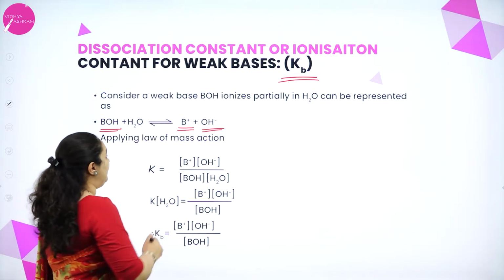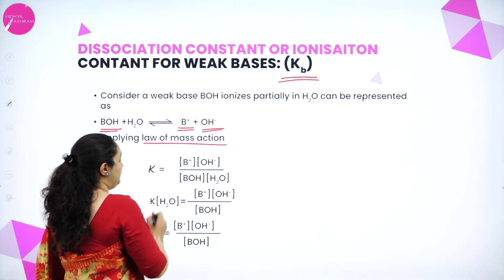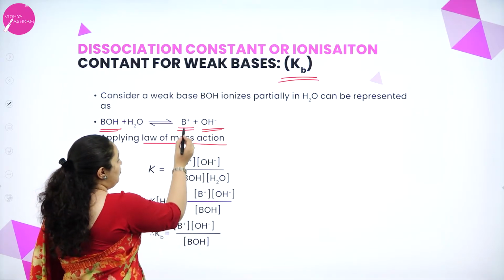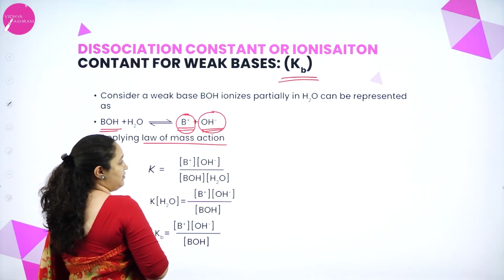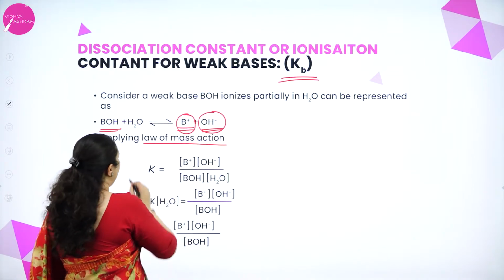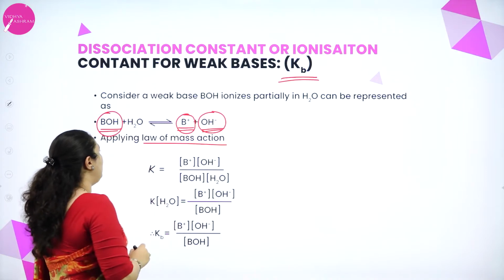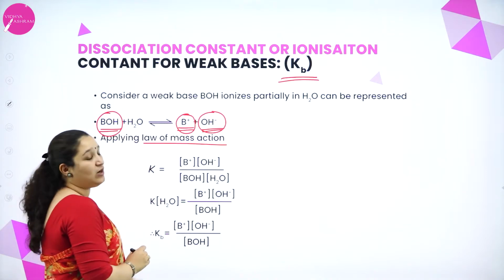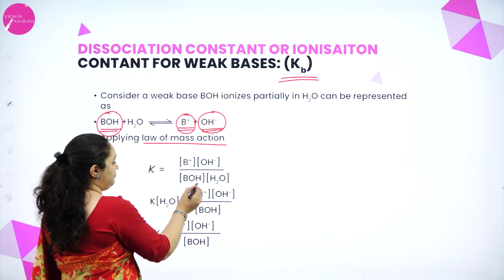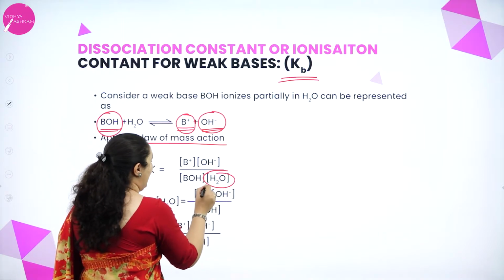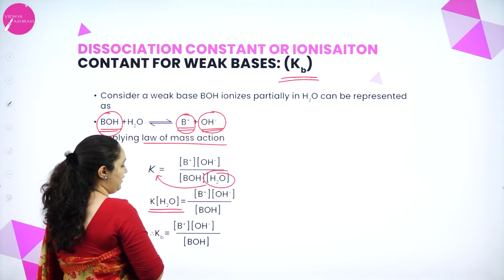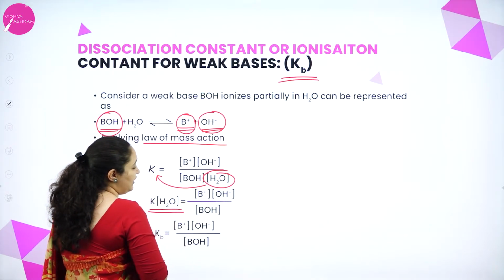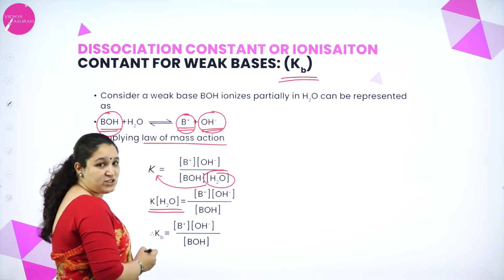Then I will apply the law of mass action. So K is equal to the molar concentration of the product B plus into the molar concentration of OH minus divided by the molar concentration of BOH into the molar concentration of H2O. Now this H2O, I will take it to the other side. So it becomes K into the molar concentration of H2O is equal to B plus into OH minus divided by BOH.